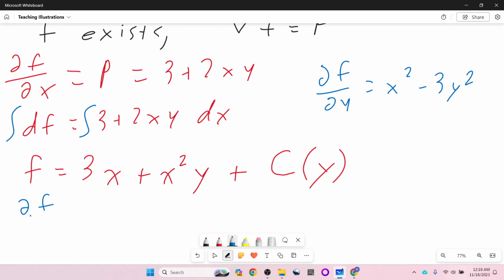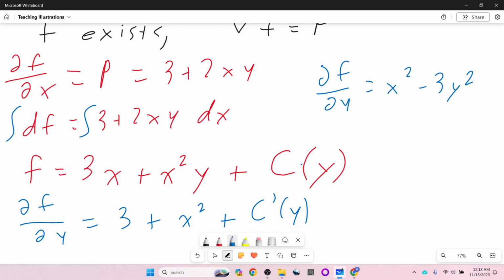Del f over del y is 3 plus x squared plus c prime of y. And so we can set these equal to each other.